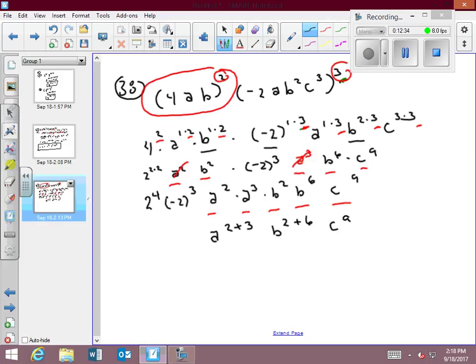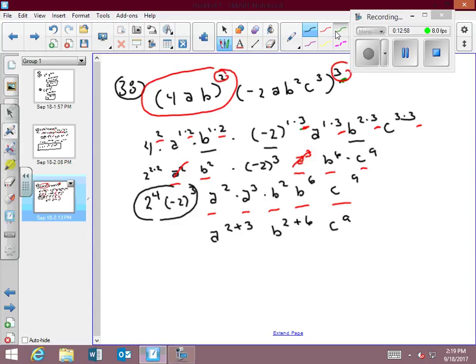Now I want to go back and deal with this right here, because I want it in prime numbers. And I want this as 2 to the 4th times a minus 1 to the 3rd. Didn't leave myself enough room.